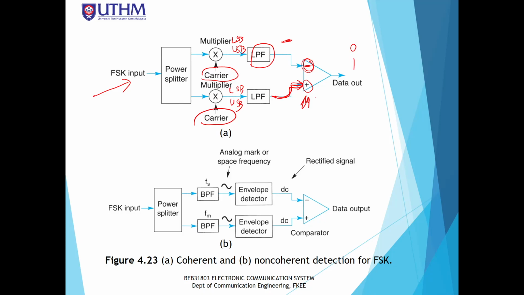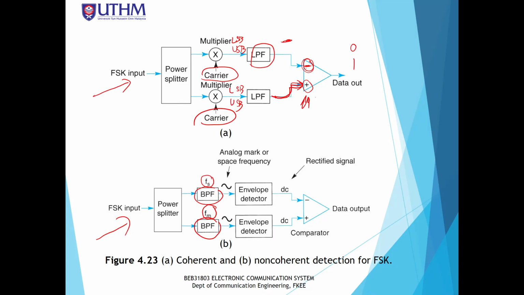Okay. And then the picture below is for the non-coherent. Non-coherent means that we are not using carrier information. We are not multiplying with the carrier signal frequency. So here we use a band pass filter to separate the space frequency and also the mark frequency. We use a band pass filter to select the space frequency, and a band pass filter here to select the mark frequency.